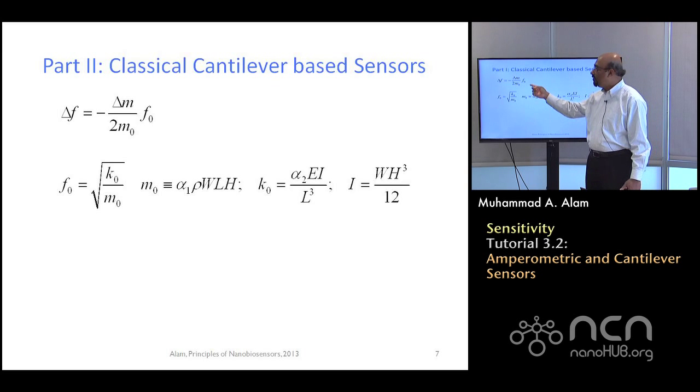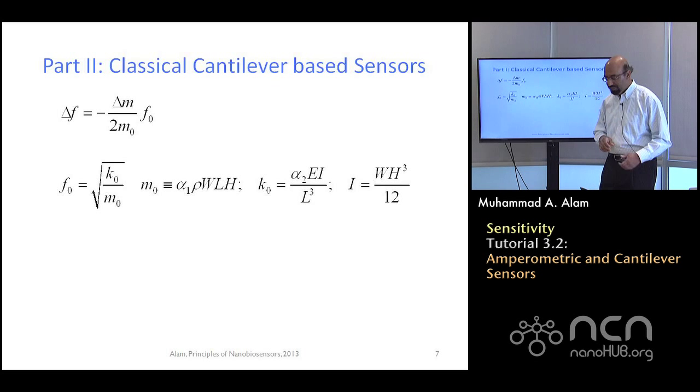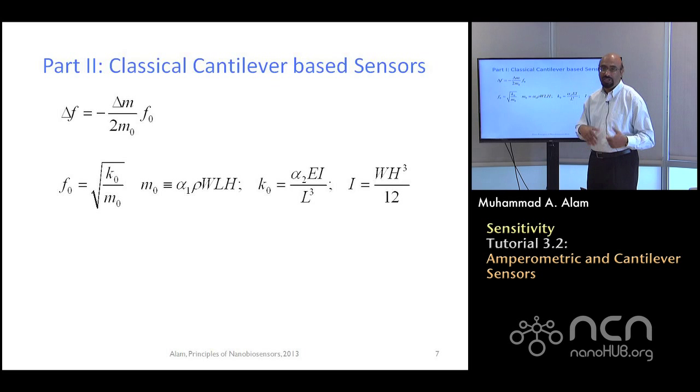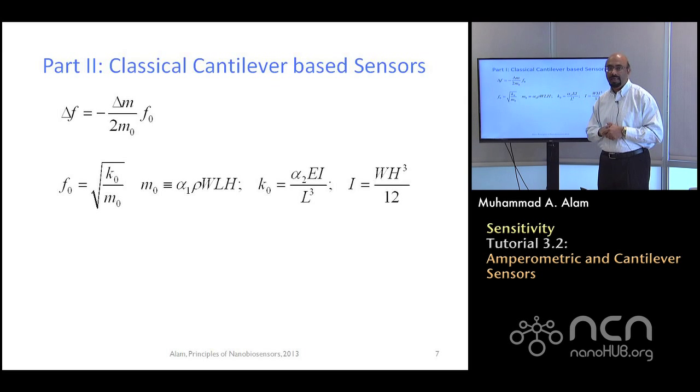Of course, this formula completely neglects the delta K variation, right? There's no delta K over K naught in here. Why not? Because you see, delta K has to change the spring constant, like a starch, right?